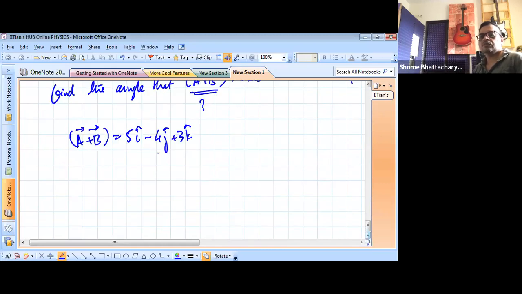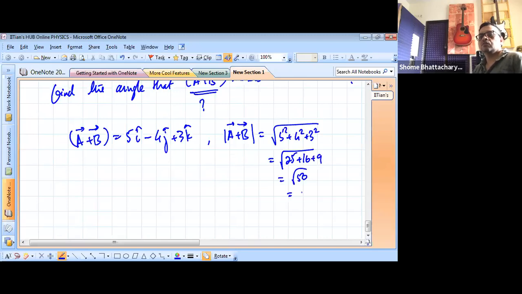This is the vector which is a plus b, and it has magnitude root of 5 square plus 4 square plus 3 square, so that is 25 plus 16 plus 9, which is root 50, or you can write that as 5 root 2 by splitting it as 25 into 2. So that is the magnitude of a plus b.